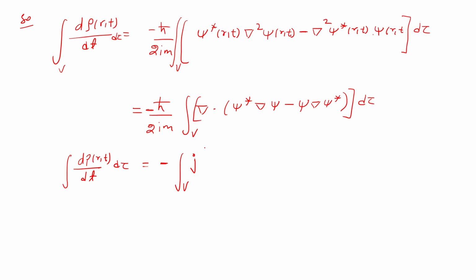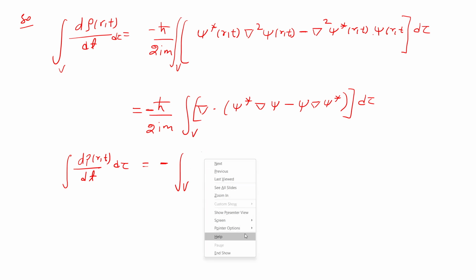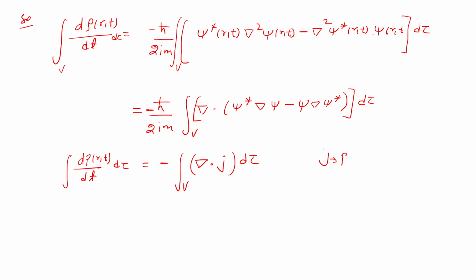So what we are getting from this is del dot J d tau. So here J is basically the probability current density.